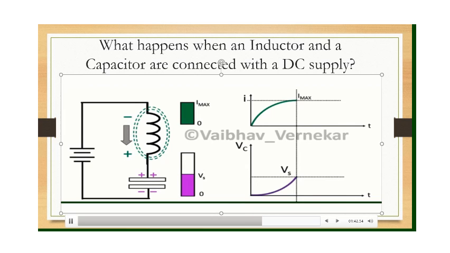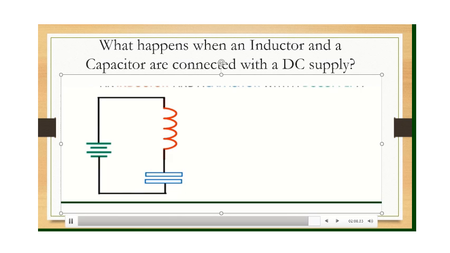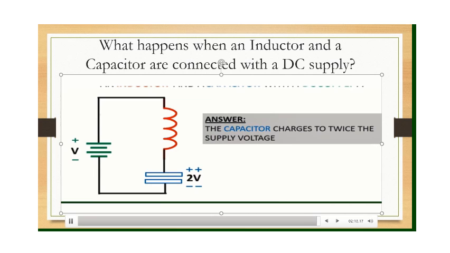Current will reduce slowly and the inductor acts as a voltage source and keeps driving current in the same direction, and the current eventually drops to zero. In this process, the capacitor charges to a higher voltage, twice the value of the DC supply. So when the inductor and the capacitor are connected with the DC supply, the capacitor charges to twice the value of the supply voltage.